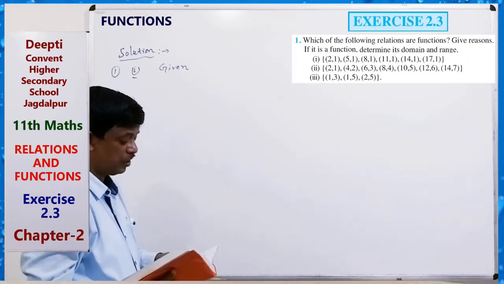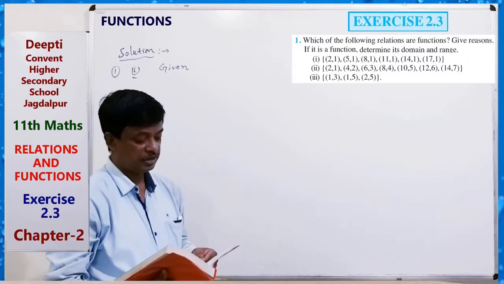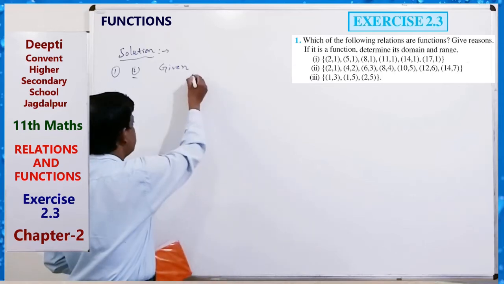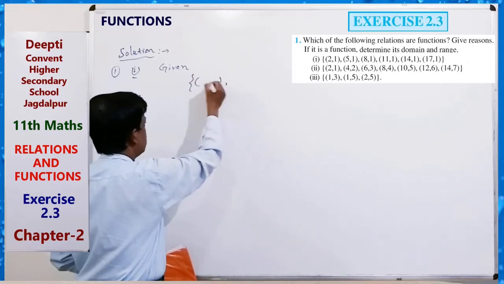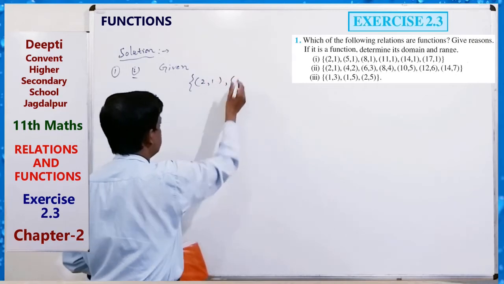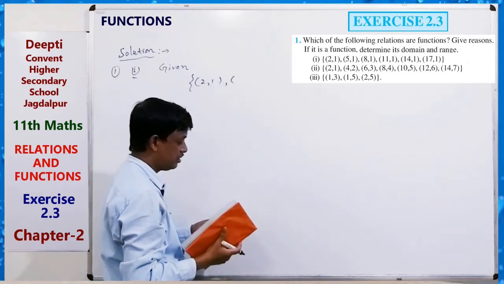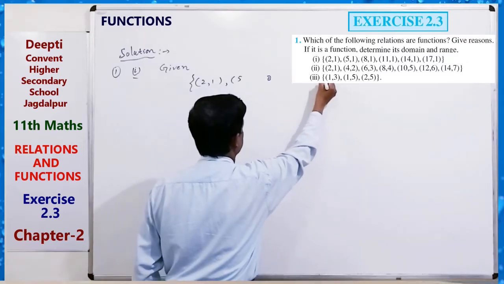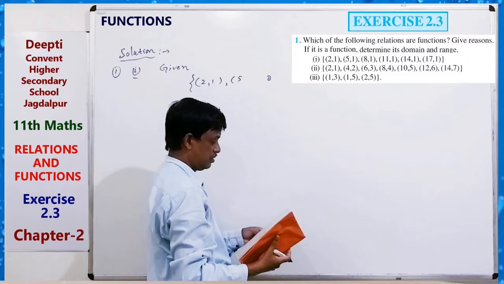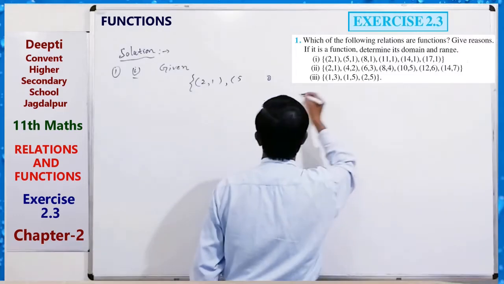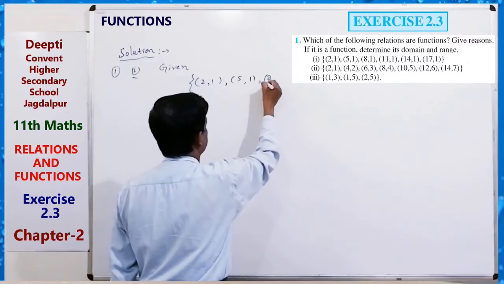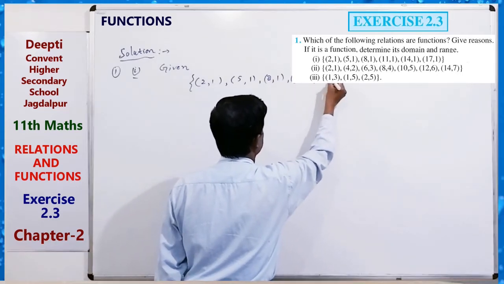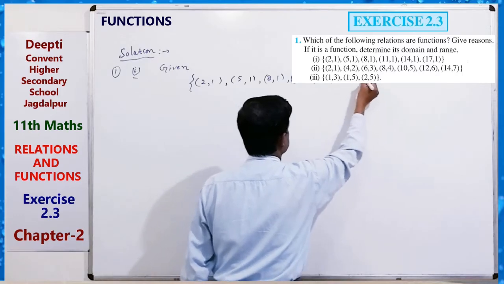The first relation is given like this: 2 to 1, 5 to 1, 8 to 1, 11 to 1, 14 to 1 and 17 to 1. All have the same image, 1.